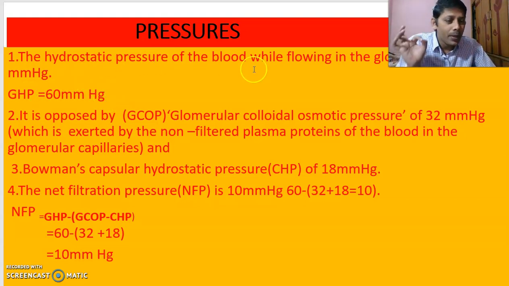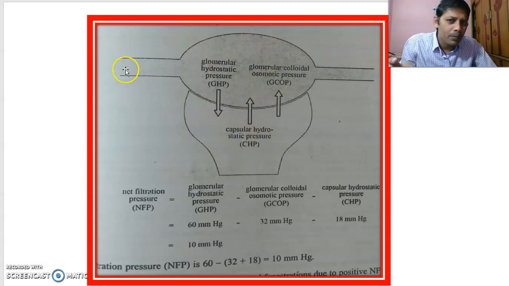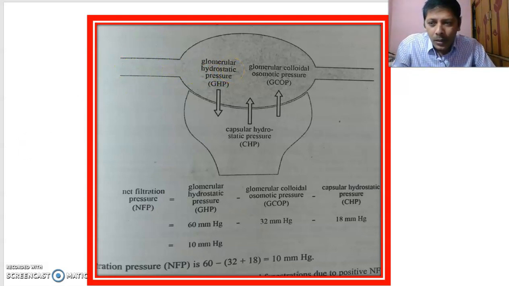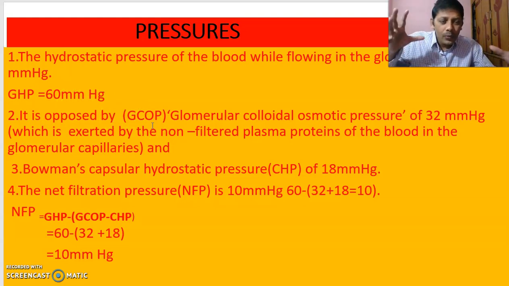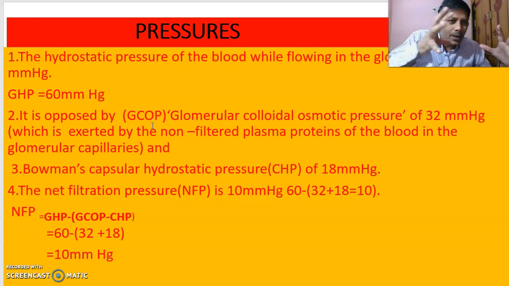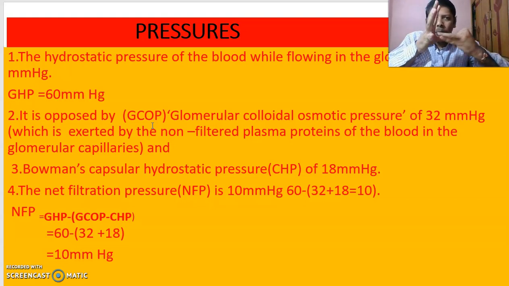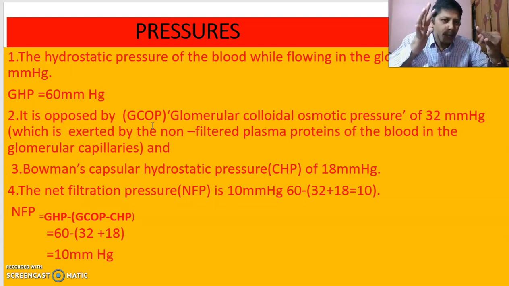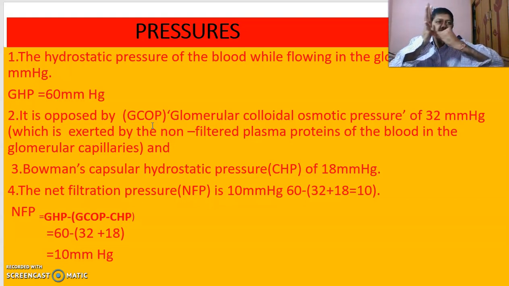The hydrostatic pressure of the blood when blood flows through the glomerulus, here in the glomerulus, with the lumen of the Bowman's capsule here, is 60 mmHg. This is the larger one, and two other pressures act oppositely to it.